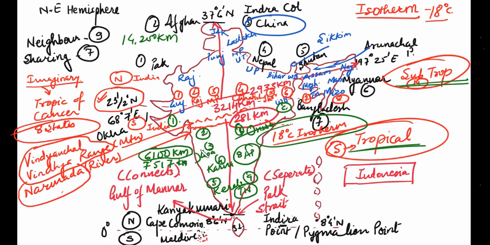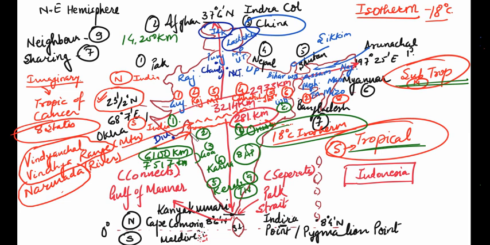Okay. Now coming to the other point, that is Union Territory. So the recent Union Territories are Jammu and Kashmir and Ladakh. Other than this, here is Chandigarh. Then NCT, National Capital Territory, Delhi. Here there is Diu.